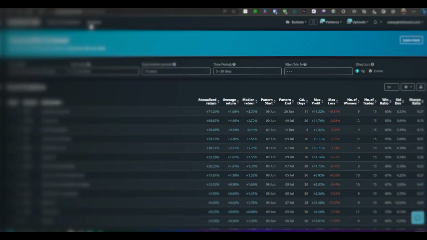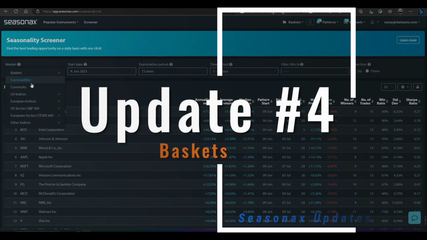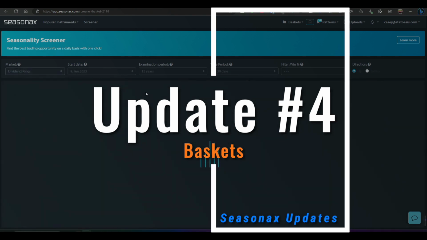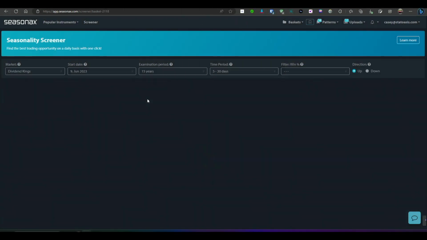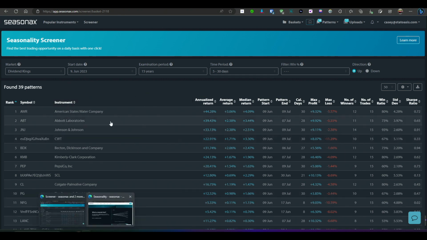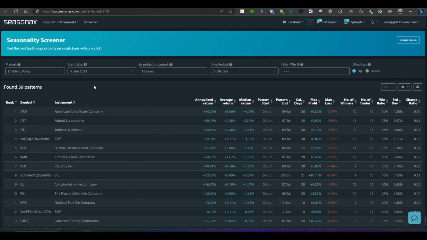Also in the screener, you have your own basket. So for example, this is Dividend Kings. These are the stocks that are part of the Dividend Kings, which are basically increasing their dividends for the past 25 years. Once you put those in, it will automatically search your basket of instruments and give you these patterns.